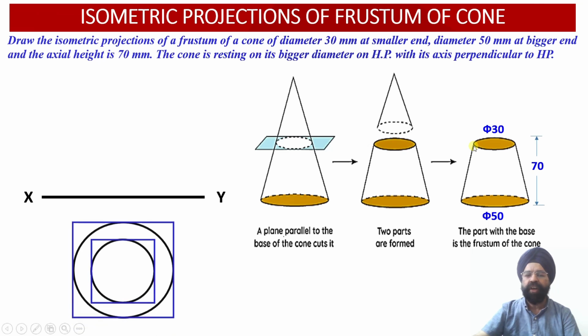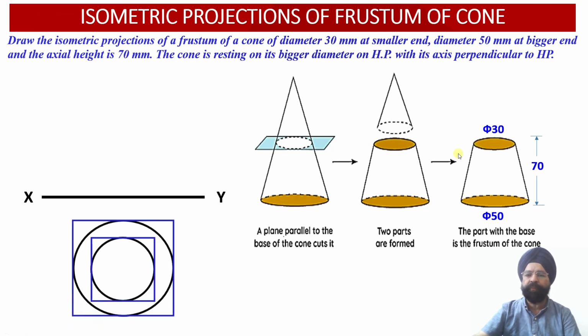And when we draw the front view and the top view of this frustum of the cone, this is what we will be getting. The diameter of the top face of the frustum of the cone is 30 millimeter.